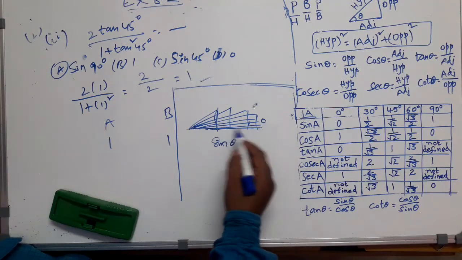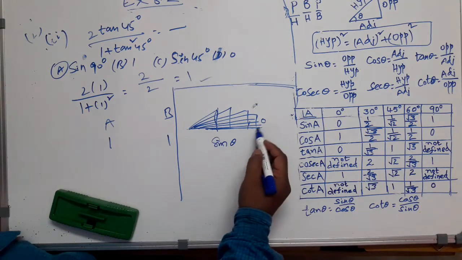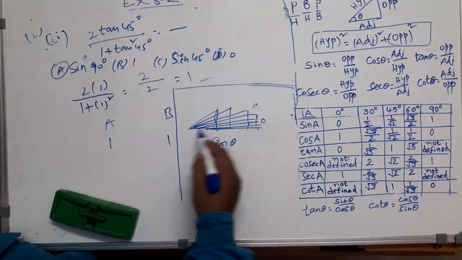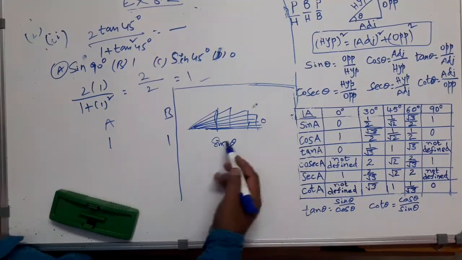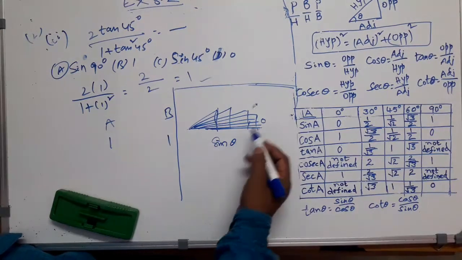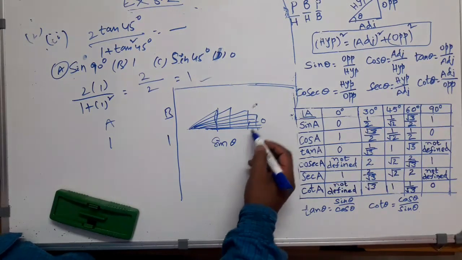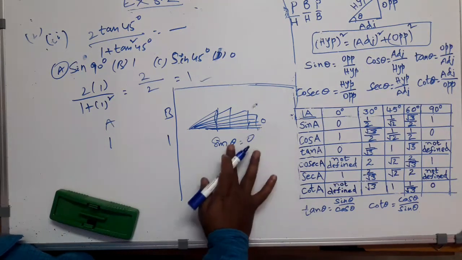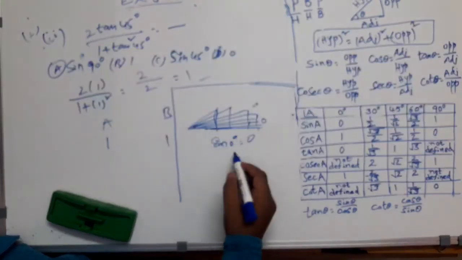In that case, sine theta is opposite by hypotenuse, right? If the opposite side becomes 0, then the adjacent side and hypotenuse are of equal length, right? Opposite side is 0. What is sine theta? Opposite by hypotenuse, that is perpendicular by hypotenuse, that is 0 by something, which is 0. So sine 0 degrees is 0.